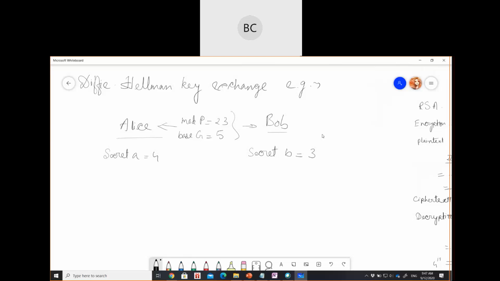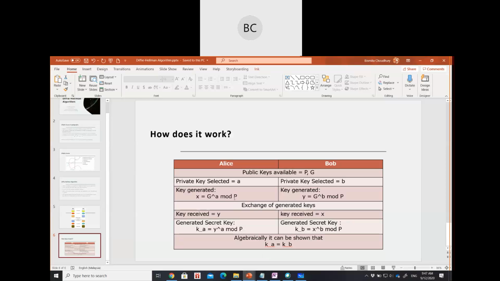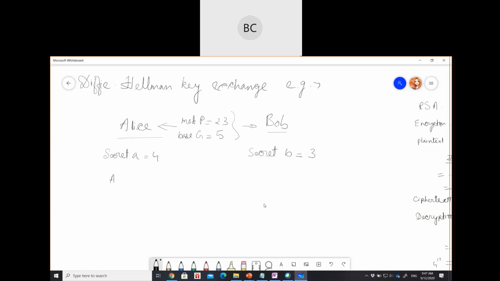After that, they create a key. For example, the key equation was G power A mod P. Here I have written X and Y, it's fine. So suppose X is G power A mod P. What is G here?